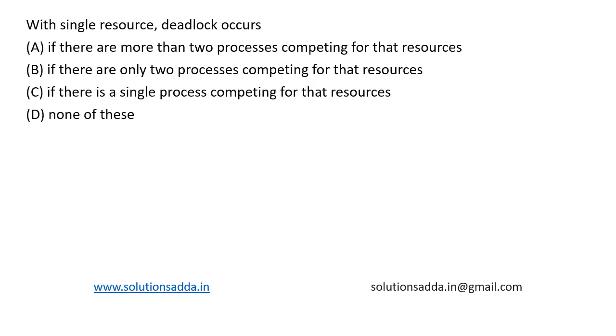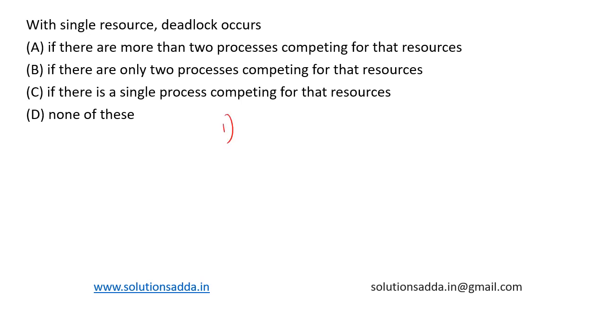This is a question from operating system. With a single resource, deadlock occurs when: more than two processes are competing for that resource, only two processes are competing for that resource, a single process is competing for that resource, or option D, none of the above. The basic condition for deadlock to occur is that we have to satisfy four conditions.